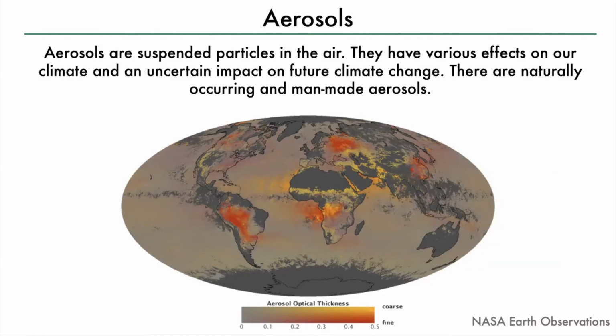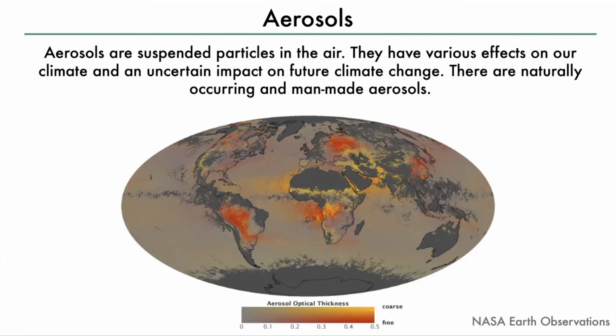But aerosols are one big source of uncertainty when it comes to projecting future temperature change, because aerosols have various impacts on the temperature response of the Earth system. So whether or not they're a positive or a negative feedback is a bit uncertain. And there's also a lot of different kinds of aerosols.